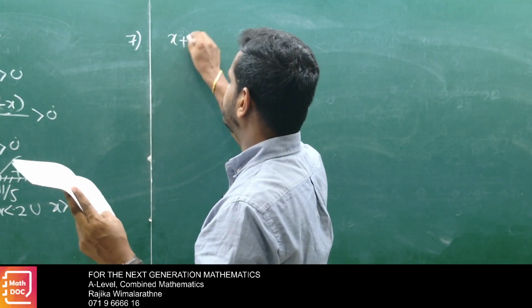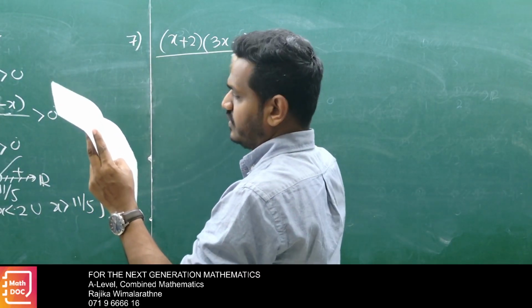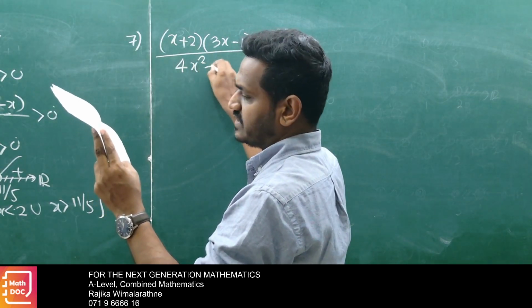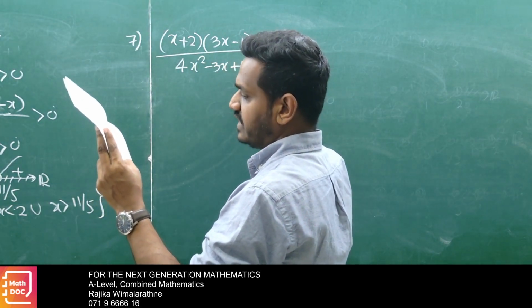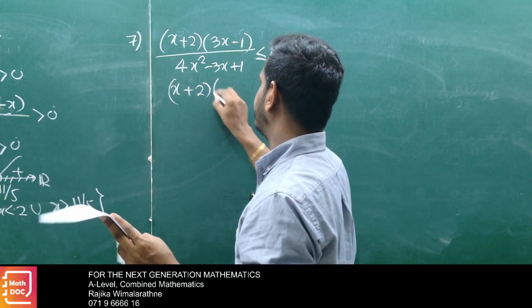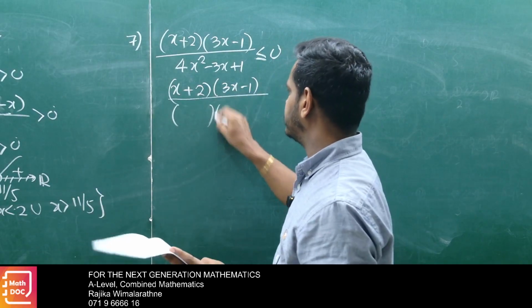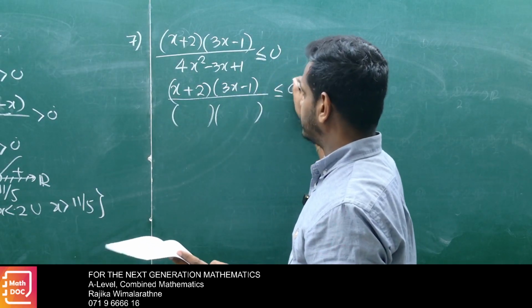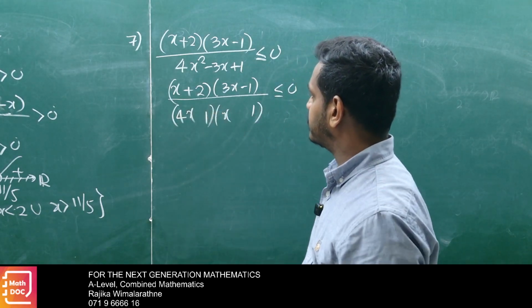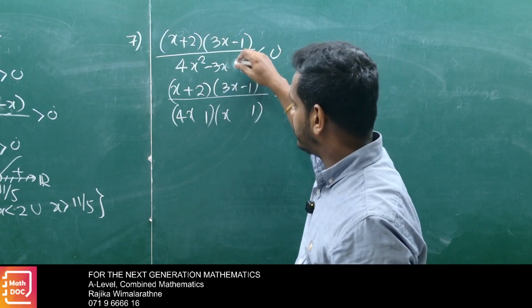X plus 2, 3x minus 1 over 4x square minus 3x plus 1 less than or equal 0. The numerator factors are given. No? Then see whether we have factors in the denominator. Here we don't have factors. No? 4x, x, 1, 1, we don't have factors. Change this sign. No? Change this sign to minus.